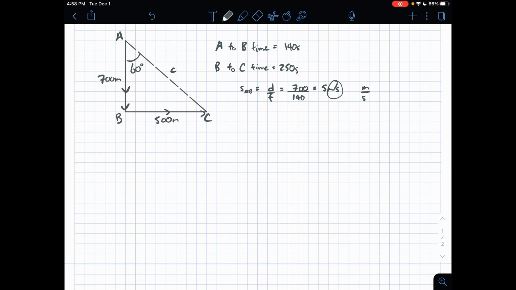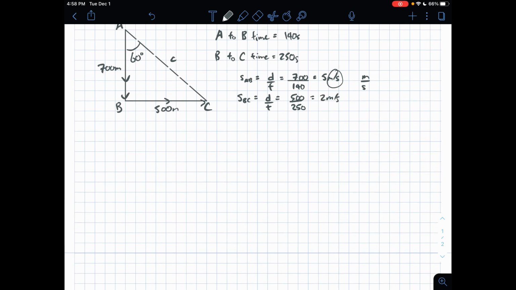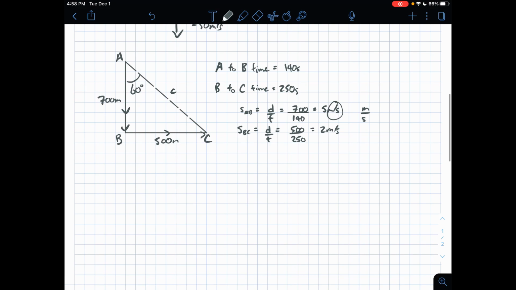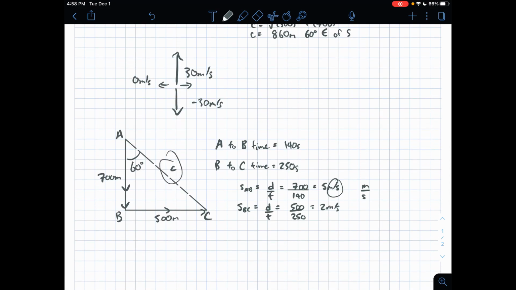So your speed for B to C would equal distance over time, which is 500 over 250, and that's equal to 2 meters per second. So those are your speeds from point A to B and B to C. So what about your velocity, okay? Just like displacement, velocity will be your c value here.